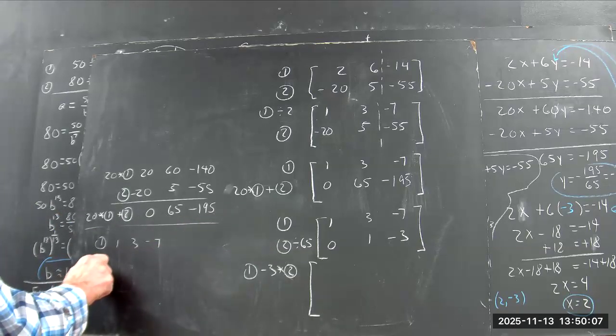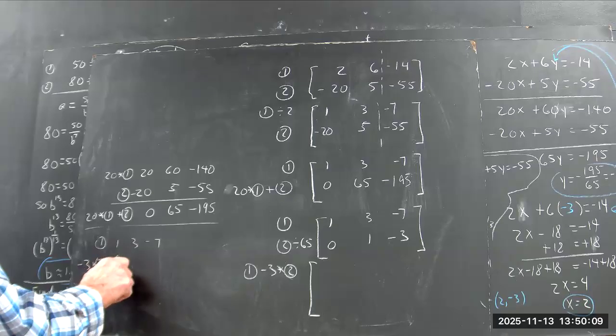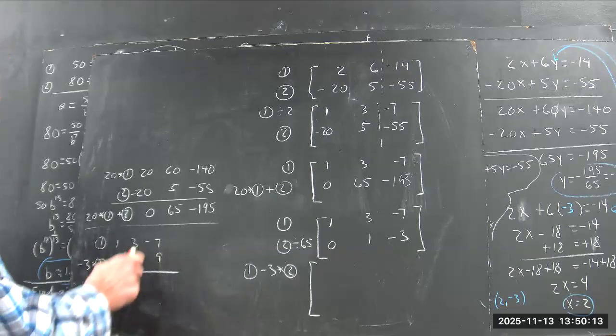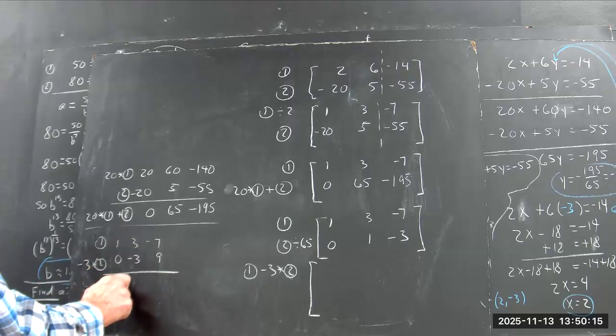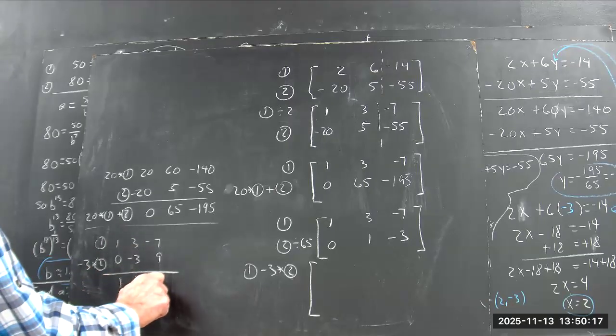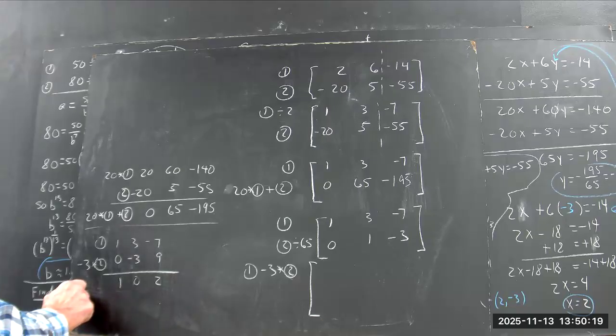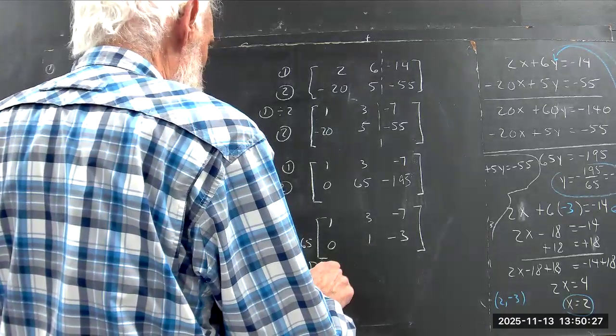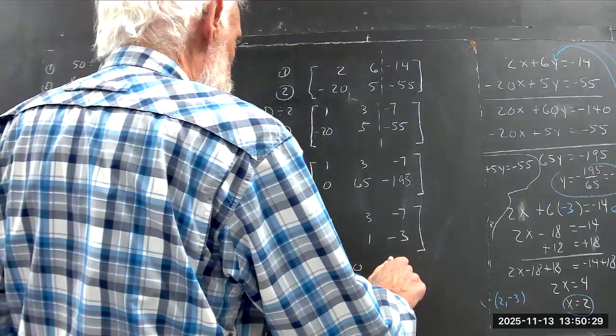Negative 3 times row 2 is 0, negative 3, 9. I add these numbers up. I get 1, 0, 2. This is 1 minus 3 times row 2, which is what I'm then going to write here. 1, 0, 2.